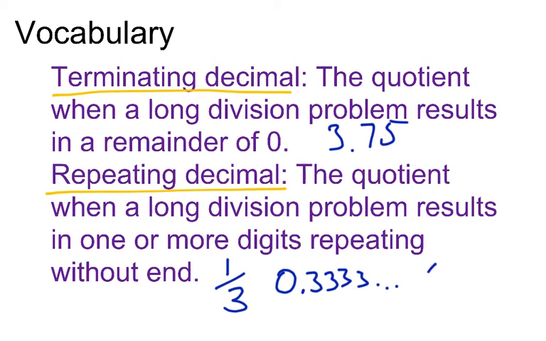So what we do is we only focus on the number that repeats. In this case, it's one single 3. And we put this little line over it that tells the person that it's a repeating decimal. It goes on forever. So 0.3 repeating is the symbol. Go ahead and pause this video if you need extra time to copy down your vocabulary.